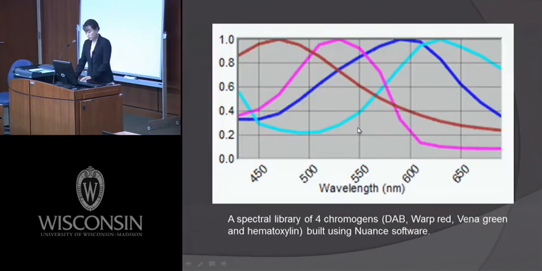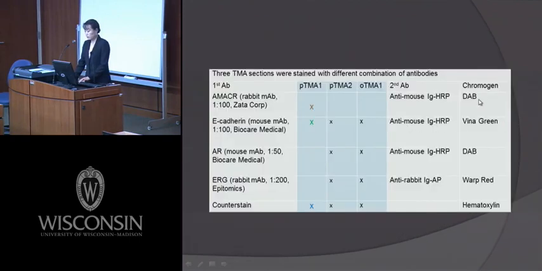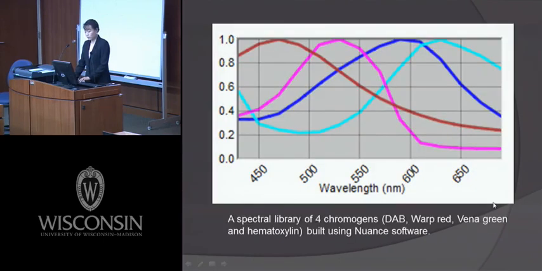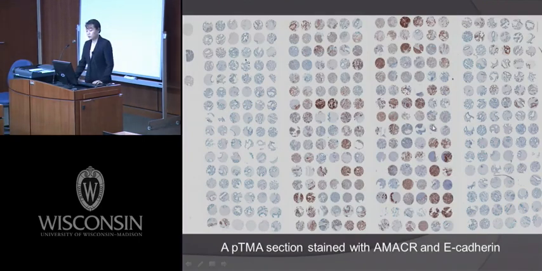These images show you the spectral library constructed and built with these 4 dyes. And this is the picture of the TMA at low power view.